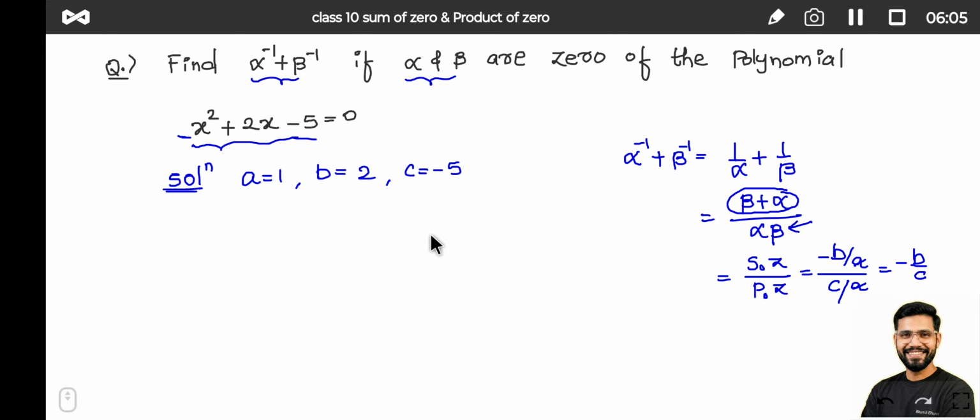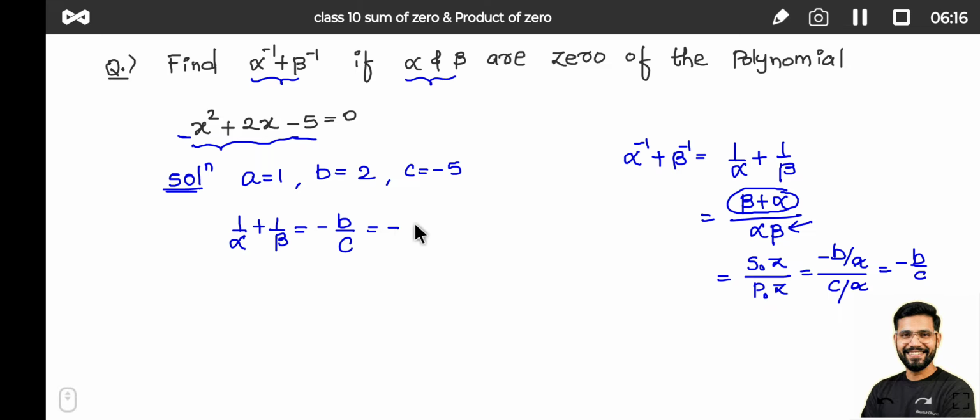Remember this result whenever you have to find the value of 1 by alpha plus 1 by beta: you can directly apply the formula minus b upon c. So minus the value of b, which is 2, upon the value of c, which is minus 5. Minus and minus will get cancelled. Our answer is 2 upon 5.